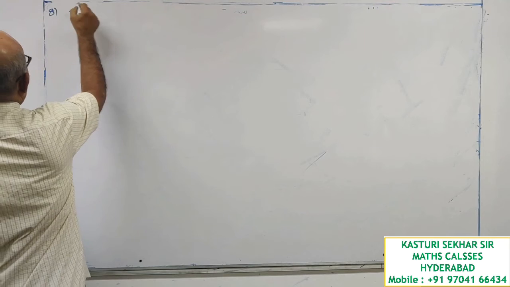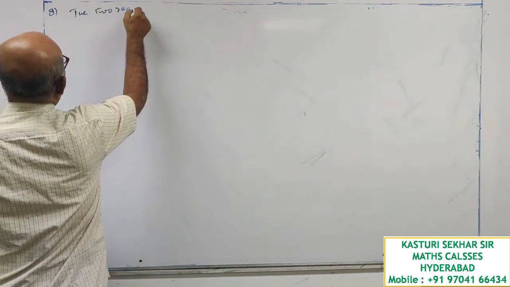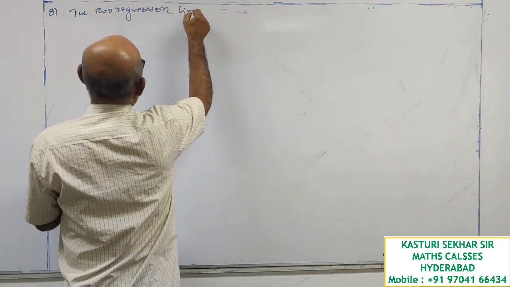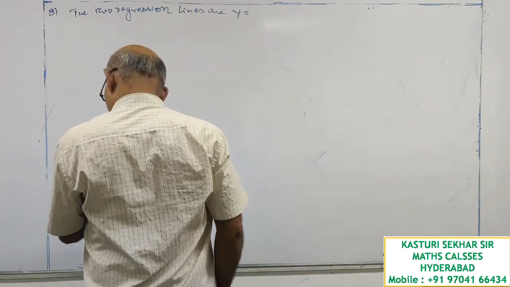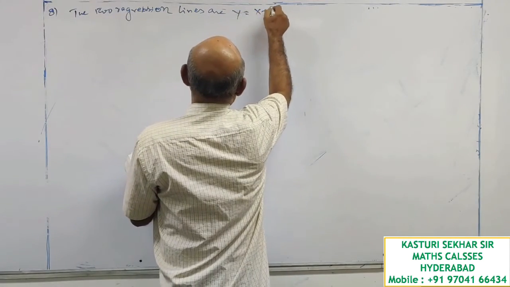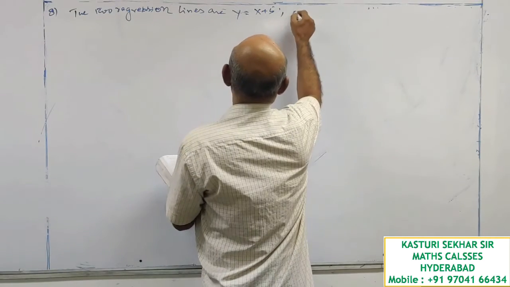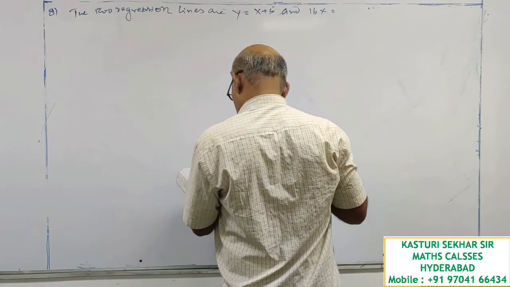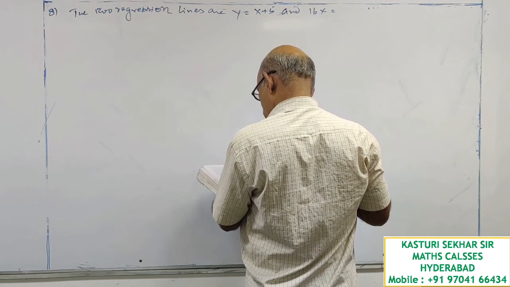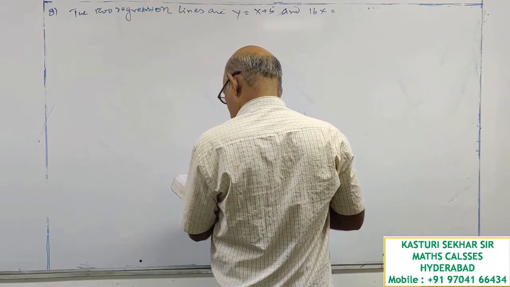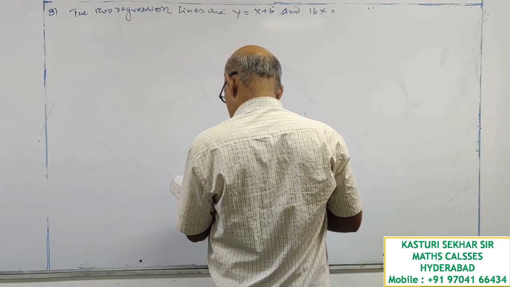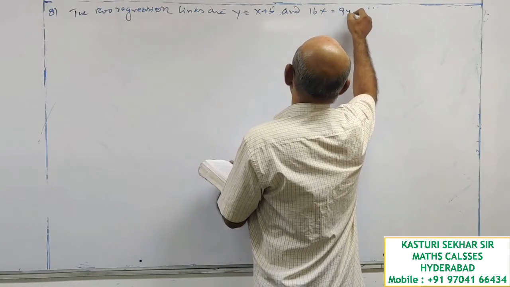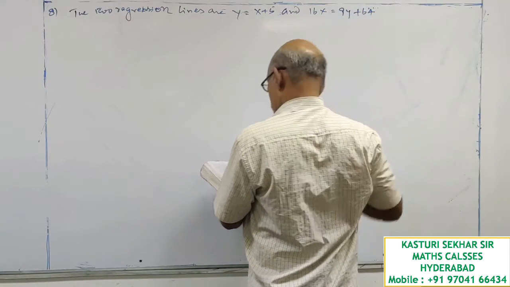The two regression lines are y is equal to x plus 5 and 16x is equal to 9y plus 64.